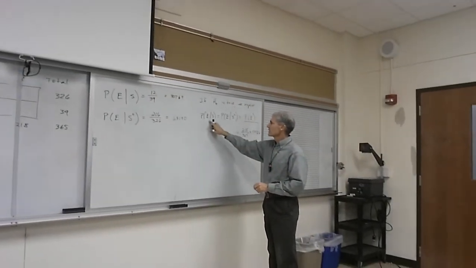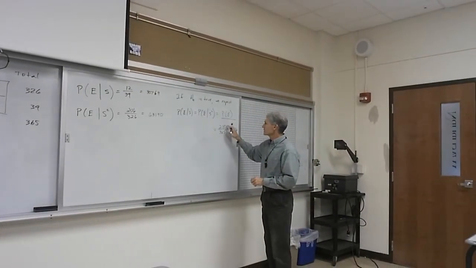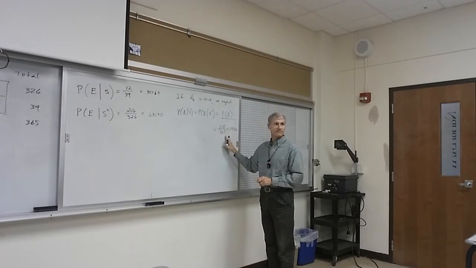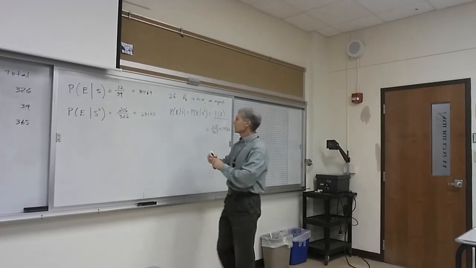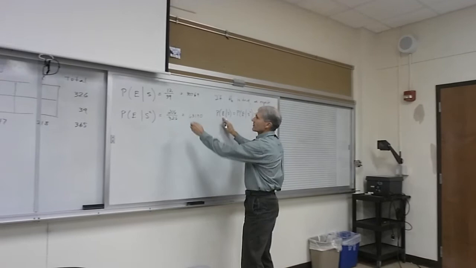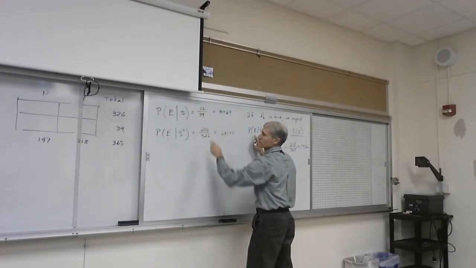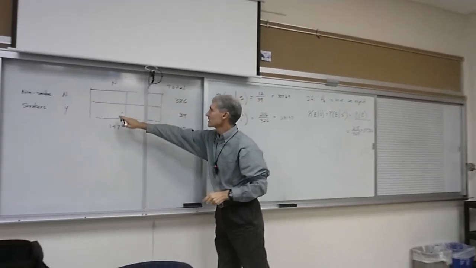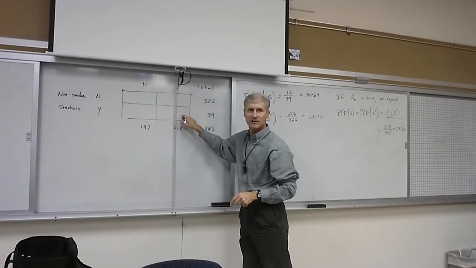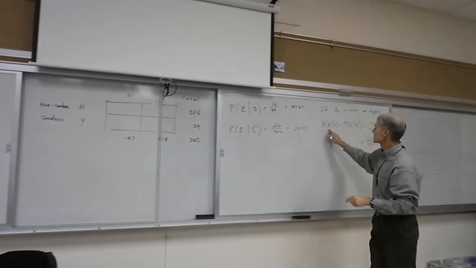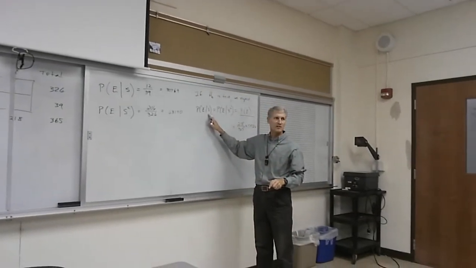Let's take this one. I want it to be equal to 218 over 365, right? That one is the number in this cell, which was a 12. This is my yes, yes cell: yes, they exercise, yes, they smoke.